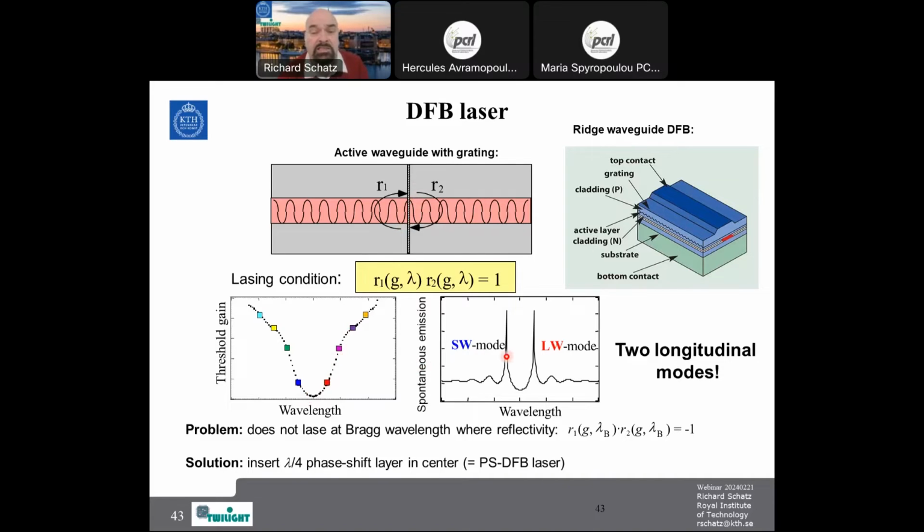So it is forced to lase on one of these two modes, or on both, the short wavelength mode and the long wavelength mode. In order to remedy this, one can put in a phase shift here in the middle, just a little phase slip to make the central corrugation period a little bit longer.